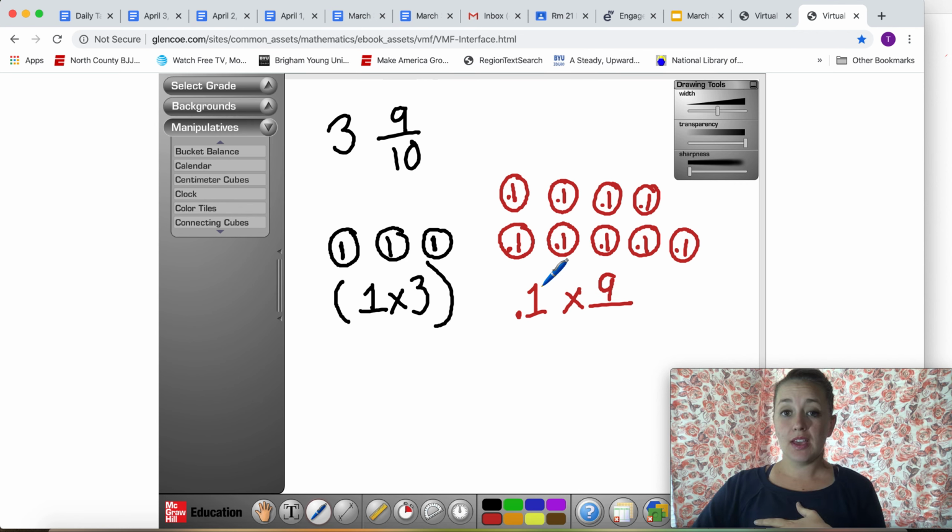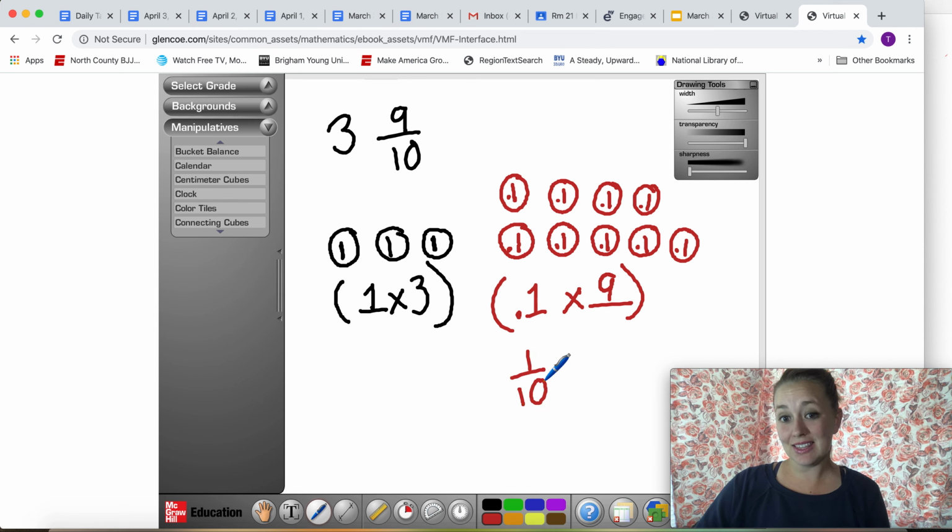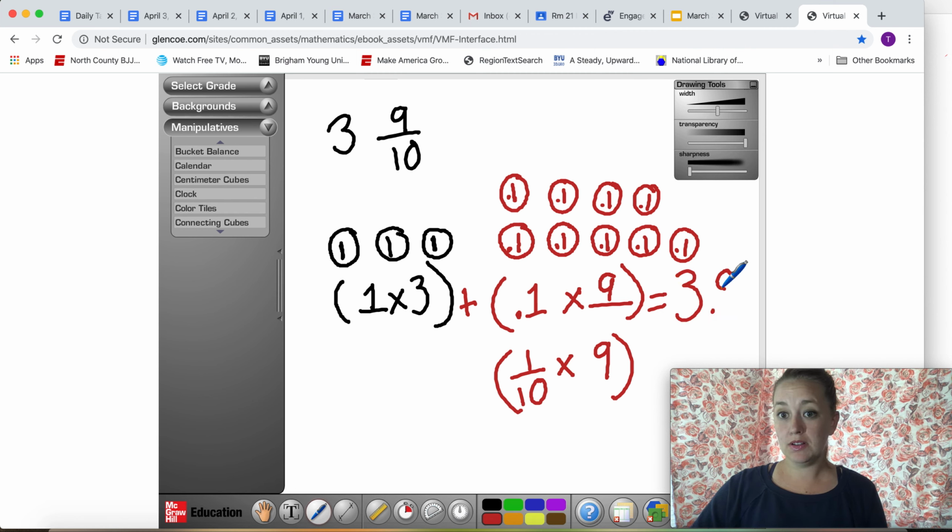Or because this is in a fraction, I could also write it, and I shouldn't have drawn that line underneath, but I could also say, okay, well, 1/10, because 1/10 and 1/10, it's the same thing. How many times do I need a 1/10? I need it 9 times. And that right there is my expanded form.